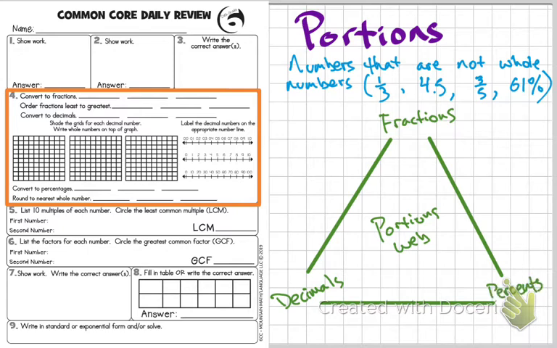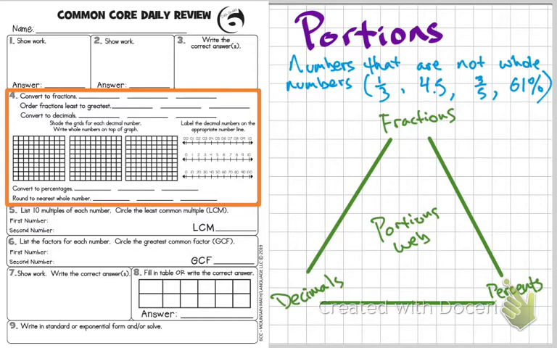And again, you can see those in the examples above, like 1/3 is a fraction, or 4.5 is a decimal, or 61% is a percent. So this is an example of a portions web, and it's showing us how our fractions, our decimals, and our percents are all related to each other.